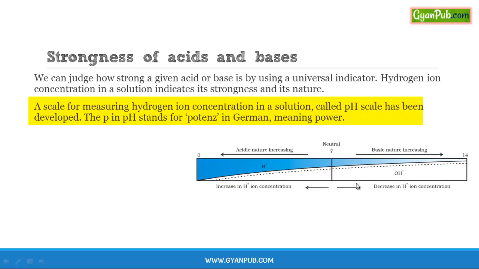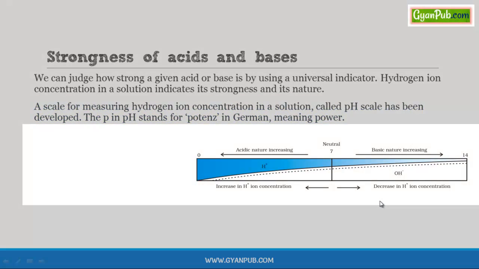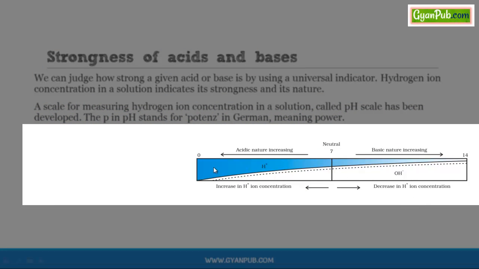Here we can observe a pH scale which has H+ ion concentration in blue color and OH- concentration in white. This pH scale ranges from 0 to 14, and 0 indicates a very high concentration of H+ ions.